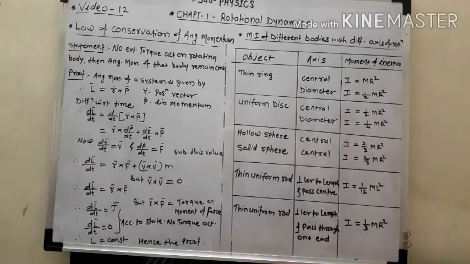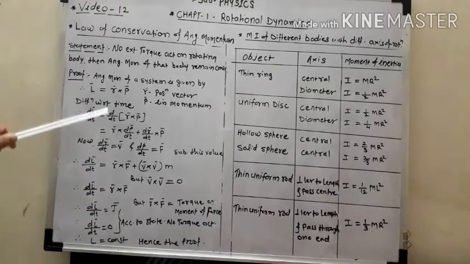Then, to prove this law of conservation of angular momentum, we can differentiate this equation. L bar is equal to R bar cross P bar. Differentiate with respect to time. Then we get dL bar upon dt is equal to d by dt of R bar cross P bar.